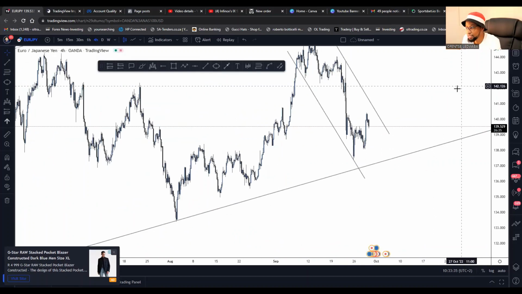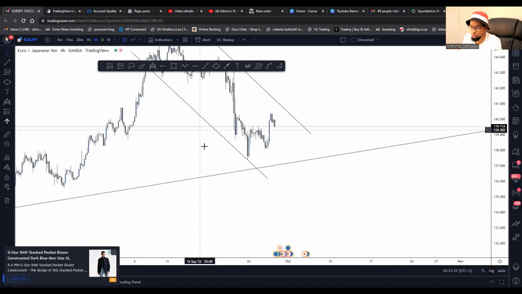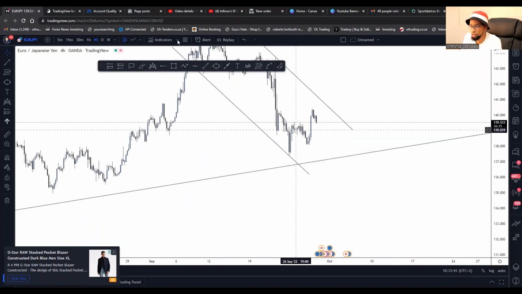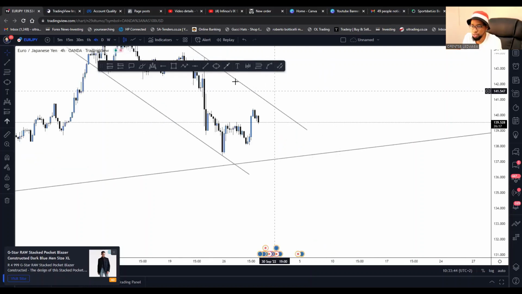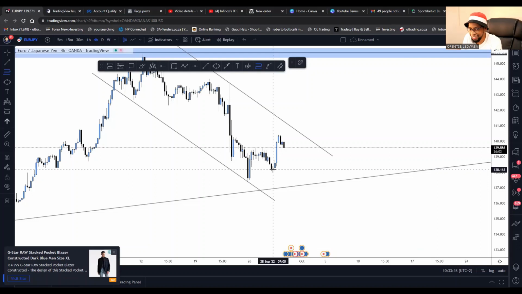For me to make things simpler, I can see that we are indeed pushing to the upside. I knew that we were pushing to the upside, but this was just a correction. Before I do anything, let me use my powerful tool to show you how I knew that this would reverse here. Yes, indeed we are having a correction here, but how would you know the right point?